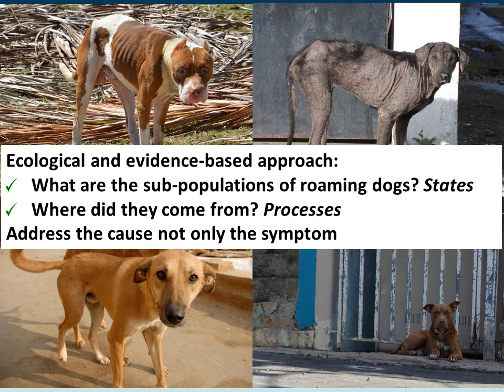Now you can describe the subpopulations as states and their sources as processes, taking an ecological mindset, although the terms are not really that important. If you were describing this in terms of an economic system, you might use the term stocks and flow. What's important is that taking this approach allows you to start focusing your sights on the root cause of the problem, the actual source of these dogs, and not just the symptom of the current roaming dog population.